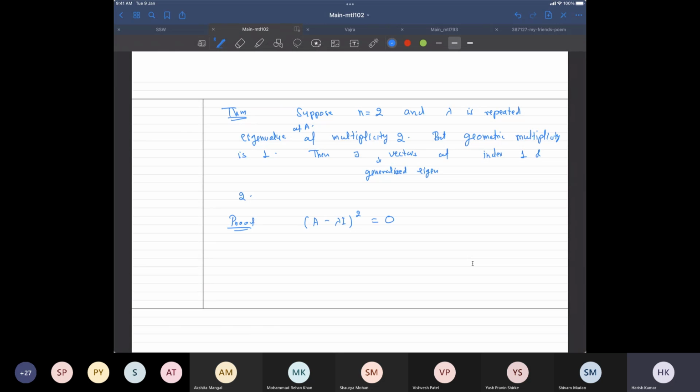This is the first observation, by the Cayley-Hamilton theorem. Okay, so now this means that the kernel of A minus lambda I square is equal to whole R squared, or the dimension of this kernel is 2.